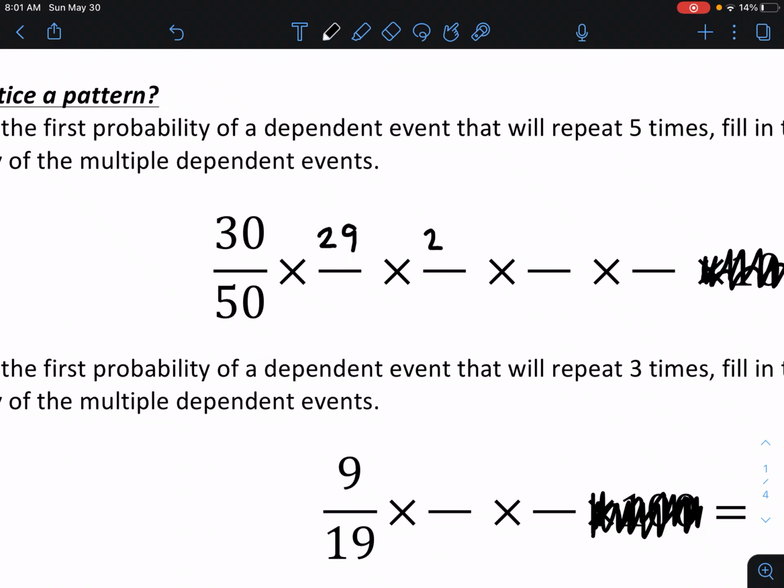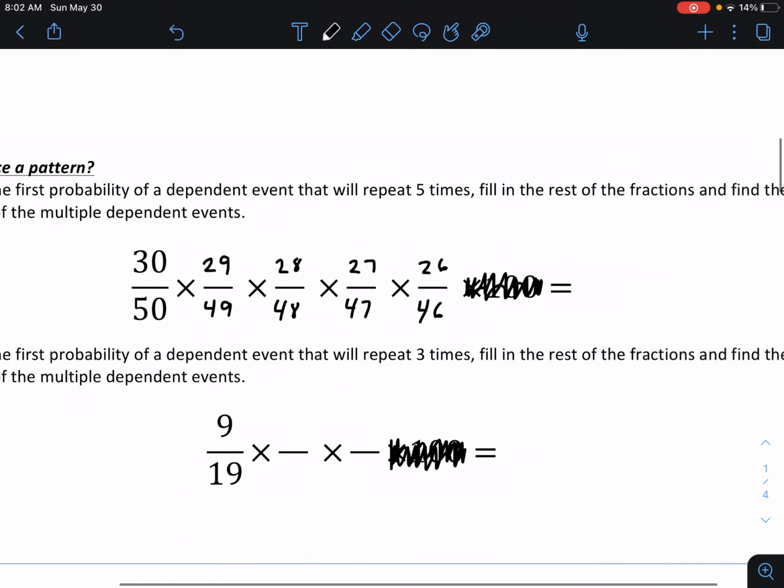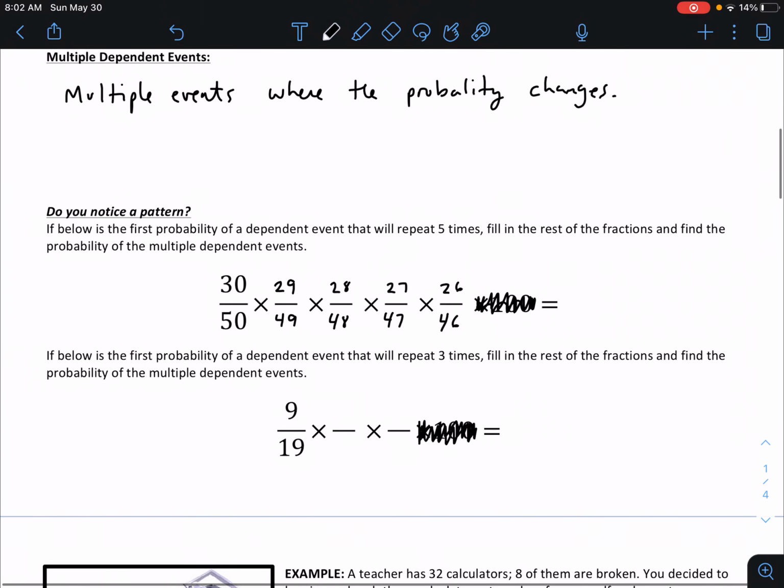And we can just follow the pattern, 28, 27, 26, and then we have 49, 48, 47, 46. Okay, and we're going to ignore that multiplying by 100 part. If you want to know, the multiplying by 100 part is the same as when we say, hey, move the decimal 2 places. Because when you multiply by 100, it'll move that decimal 2 places for you.